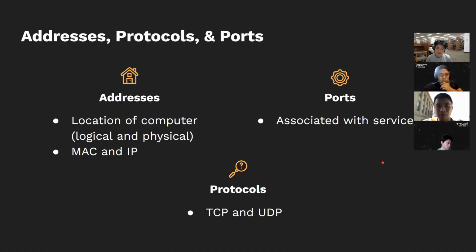For addresses, protocols, and ports: addresses are logical locations of computers, whether logical or physical, and that would be IP addresses and MAC addresses. Ports are numbers associated with services, and protocols are the manner in which data is transmitted, TCP being connection oriented and UDP being connectionless.